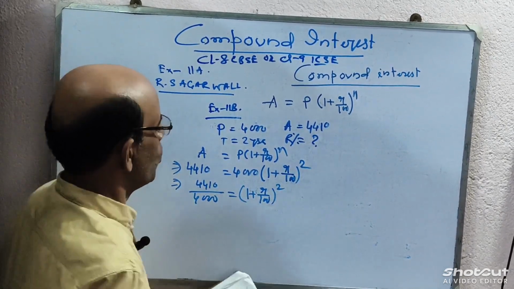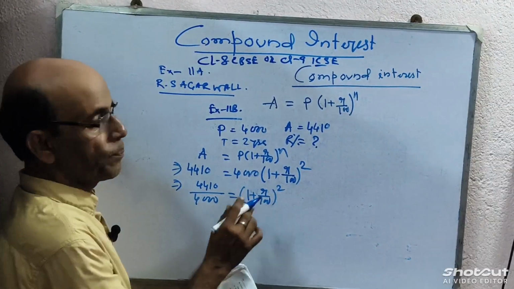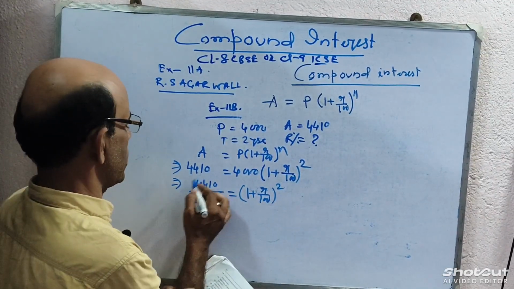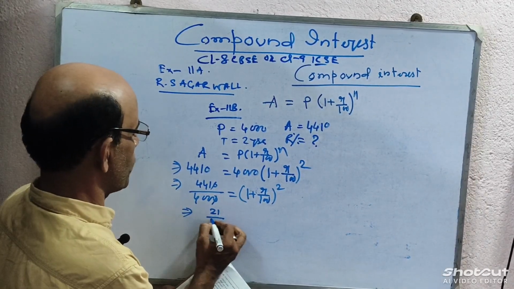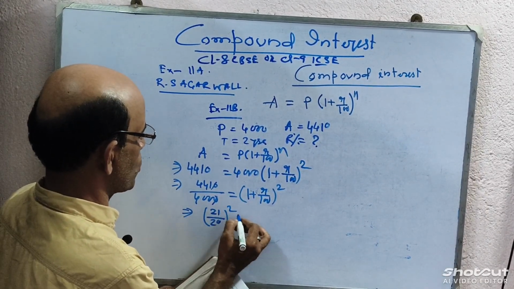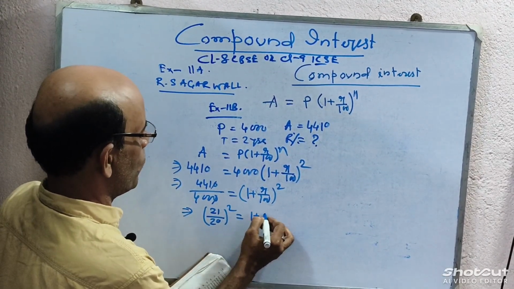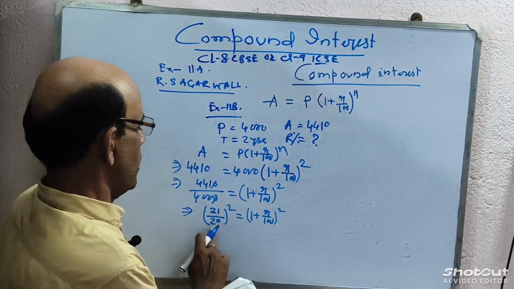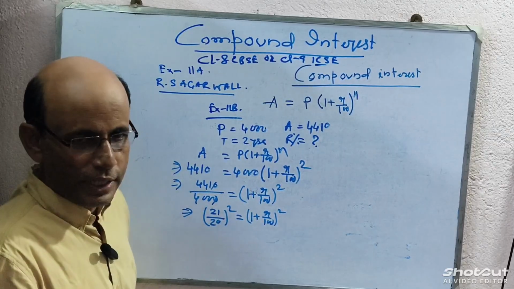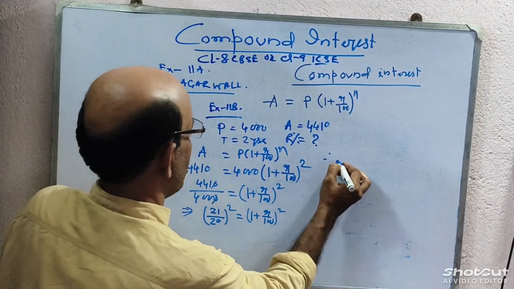This is time 2. That means the exponent 2 is whole square. 441 is the whole square of 21 and 400 is the whole square of 20. Therefore 1 plus R by 100 is whole square. As their exponents are equal, therefore base will also be equal.